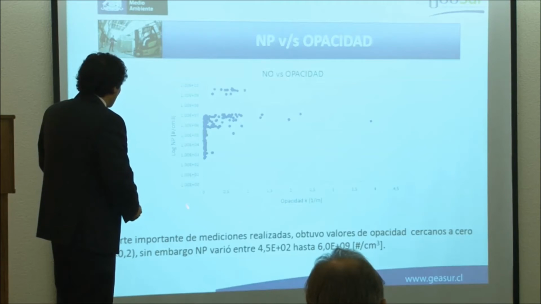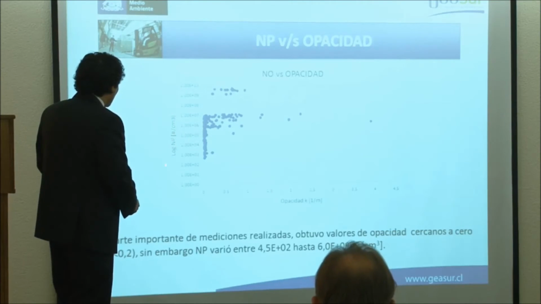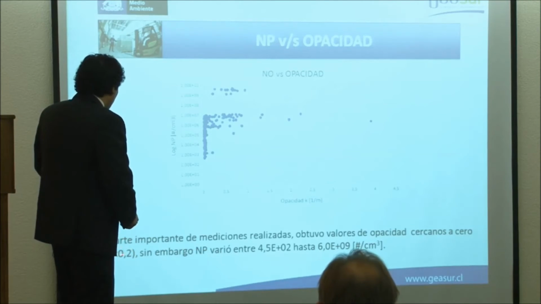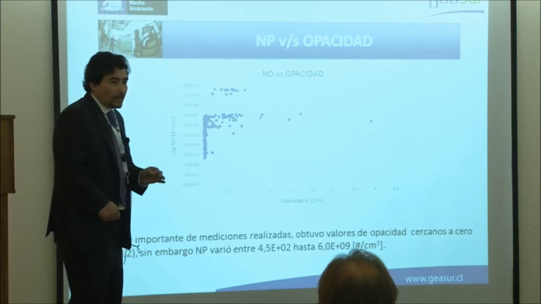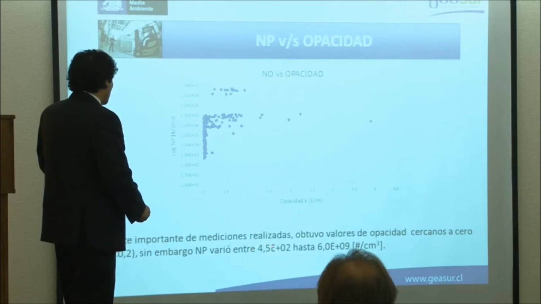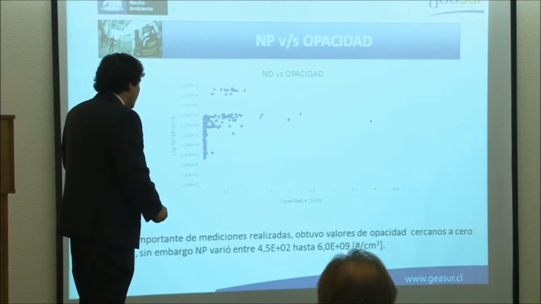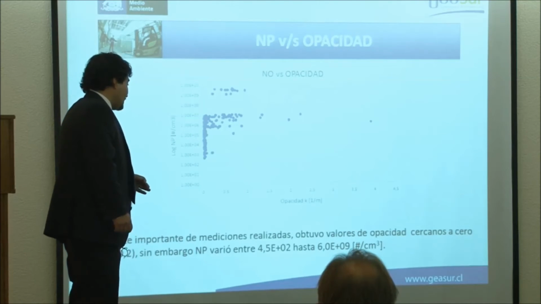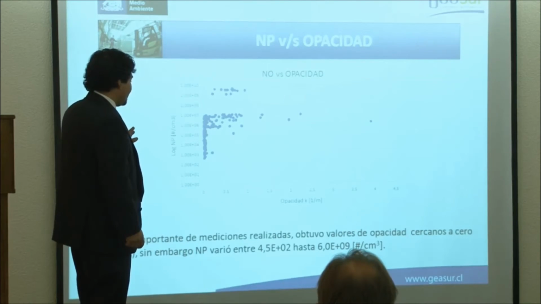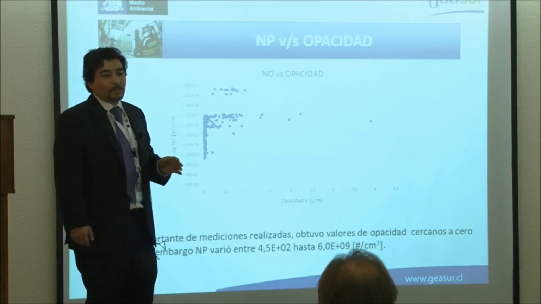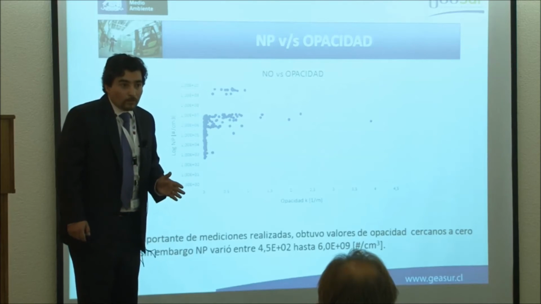As we can see in this graphic where we use the opacity and the concentration of the number of particles, for opacity values closer to 0 in general, or for values smaller than -2, we have variations in the number of particles between 450 and 6 times 10^8, let's say around 600 million particles per cubic centimeter.